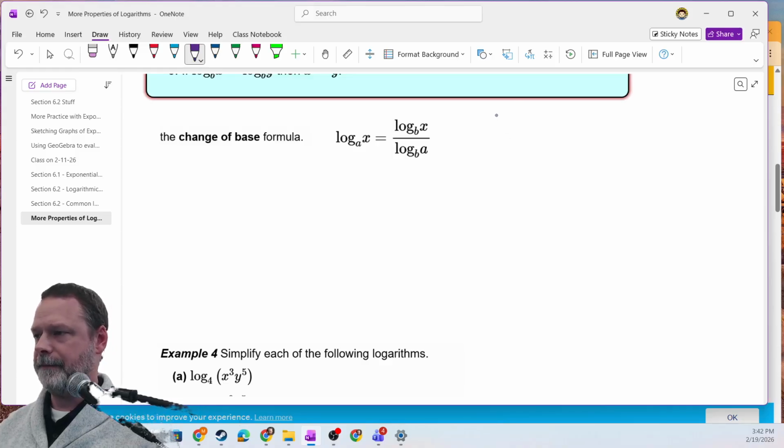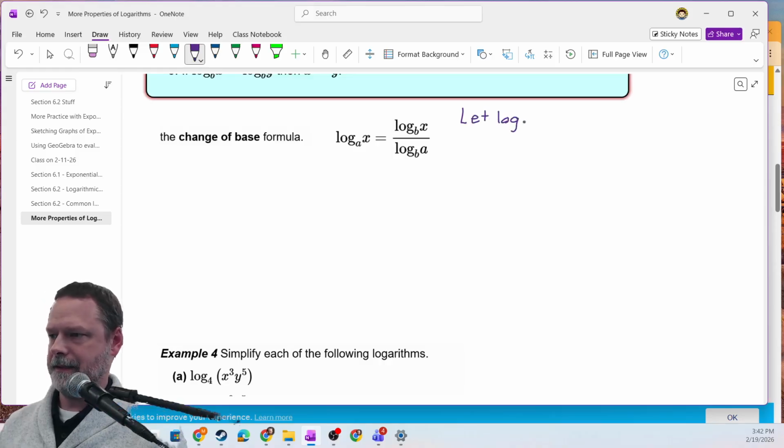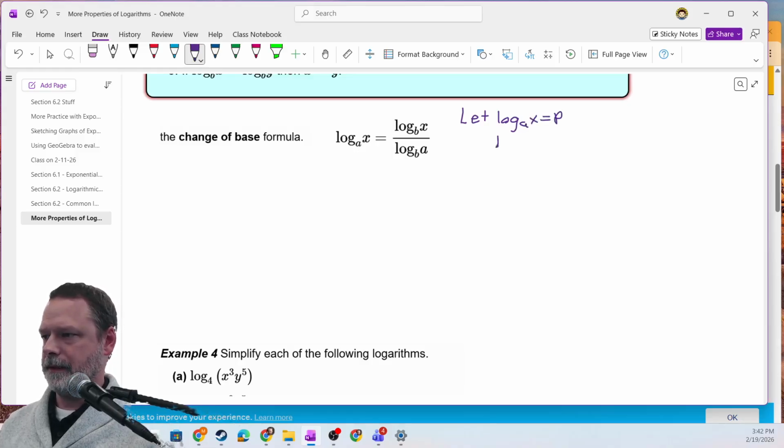We're going to let log base a of x equal p, log base b of x equal q, and log base b of a equal r.